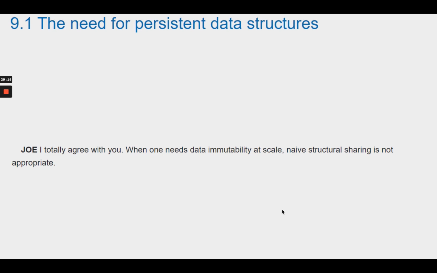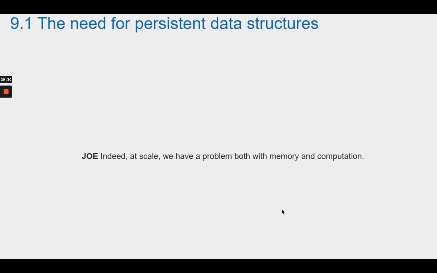When one needs data immutability at scale, naive structural sharing is not appropriate. Theo, also, shallow copying an array of 100,000 elements on each update would increase the program memory by 100 kilobytes. Joe, indeed, at scale we have a problem, both with memory and computation. Tip: at scale, naive structural sharing causes a performance hit, both in terms of memory and computation.